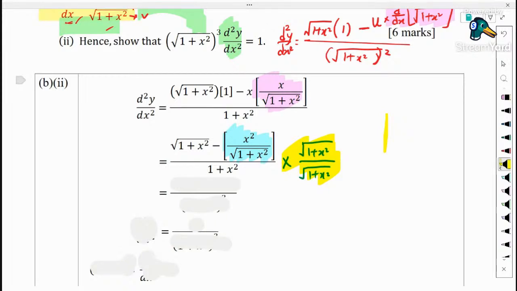With this multiplication, let us highlight the terms, the purple, the blue, and also the red, and see what changes happen to them. By the time you multiply on top, for the one highlighted in purple, the same square root term multiplied by itself, so the square root term is gone. For the one in blue, the denominator is gone.